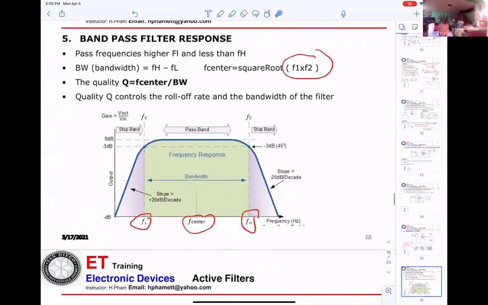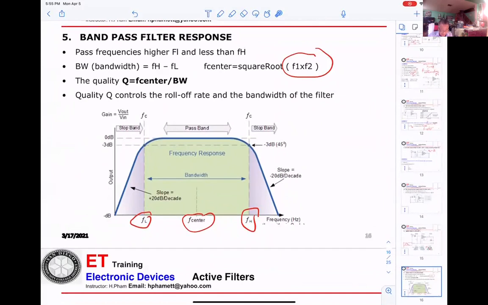This gives you a little more detail for the frequency output here. The pass band is from F low to F high, and this is the F center. They can also tell you right here, pass band FC, over F low to F high.